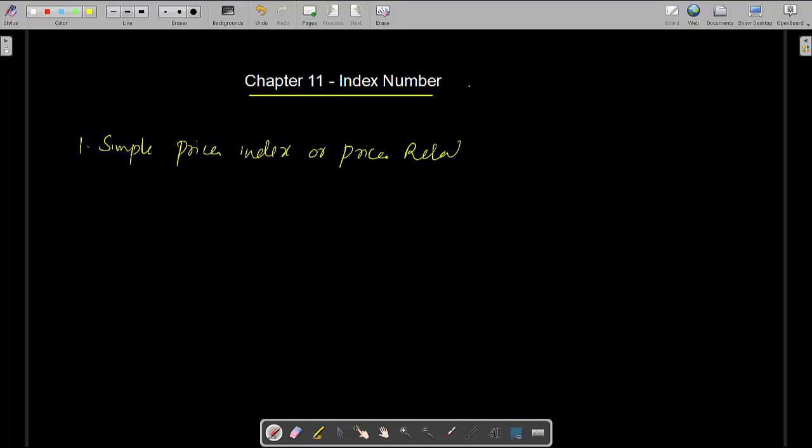So in a question, if you're asked to calculate simple price index or price relative index, then you have to use the formula to calculate this.